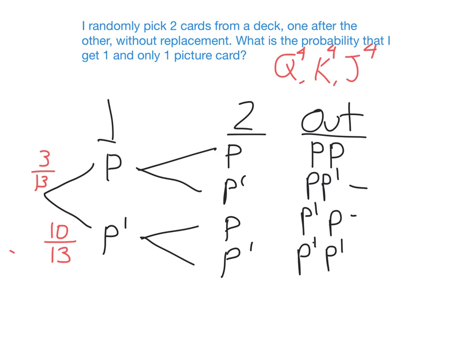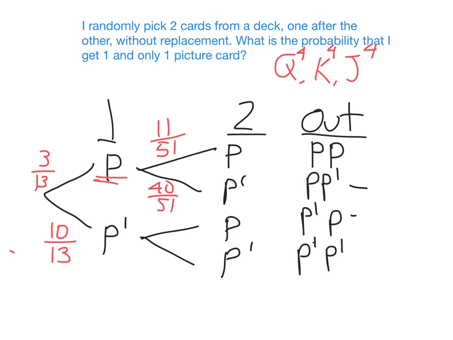Now, the probabilities change in the second go because I didn't replace them. So, if I have got a picture card, so there were 12 out of the 52. Now I've taken one away. So there are 51 cards left, but because I've already taken a picture card, there are only 11 picture cards in the deck. So 11 are picture cards and 40 are not picture cards.